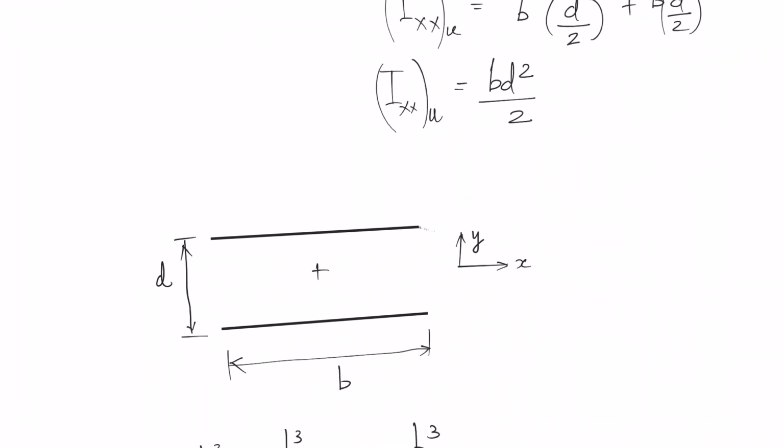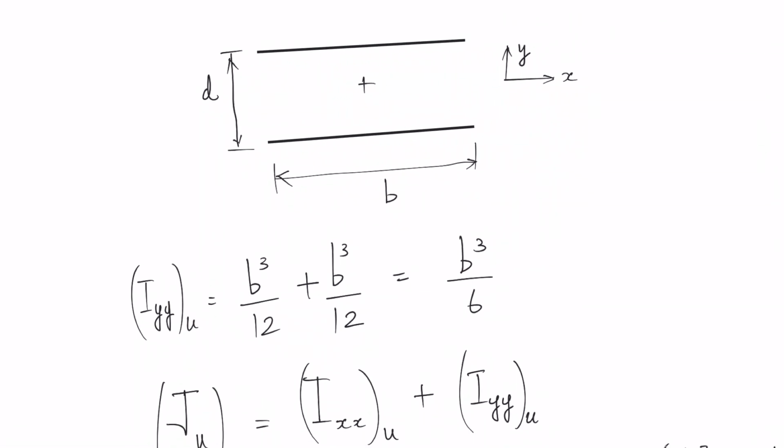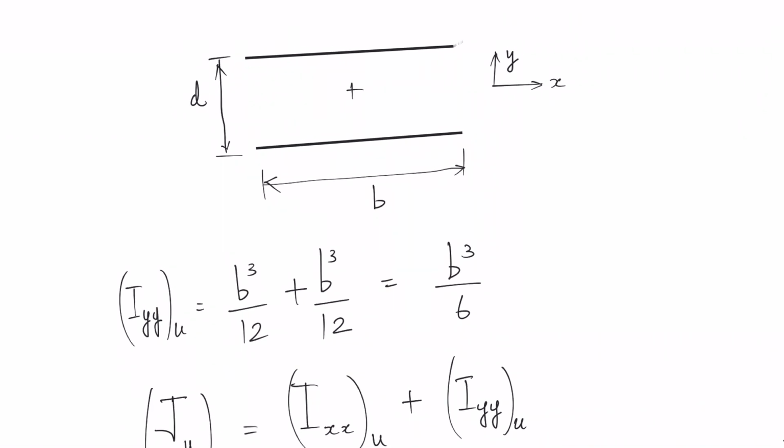Now going ahead, we can evaluate similarly the second moment of area about this axis too, which is your YY axis. Now coming to this area, about this axis it will have bq by 12, because similarly this will also have bq by 12. So to get the resultant one, you have to add both of these.